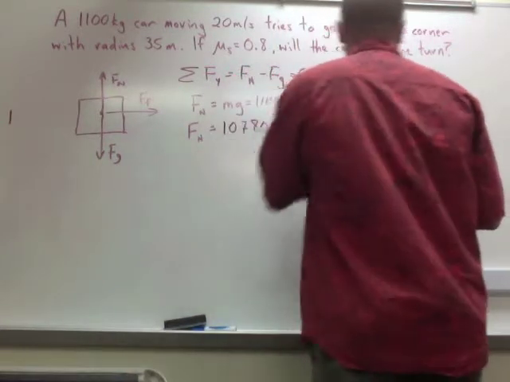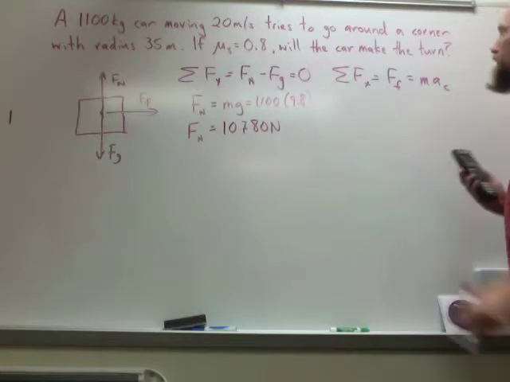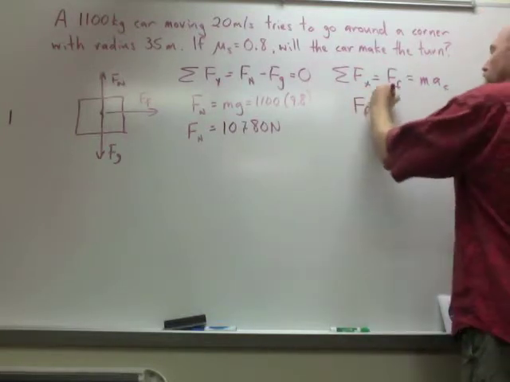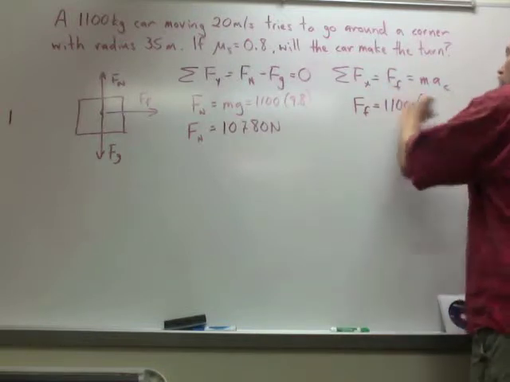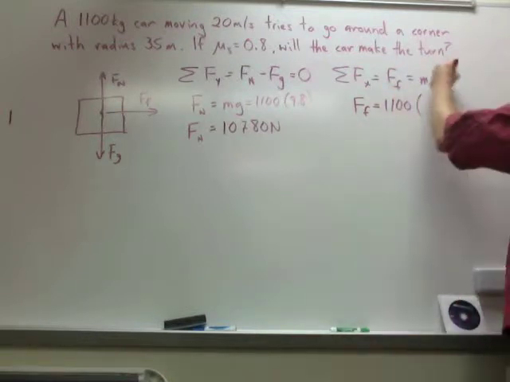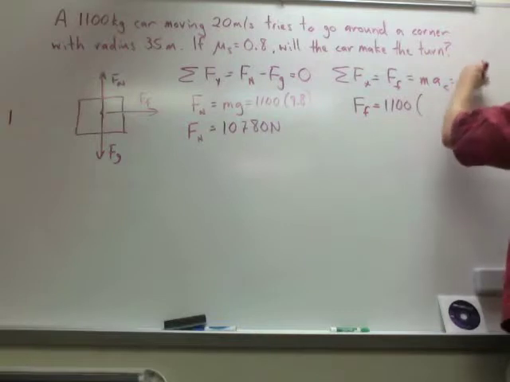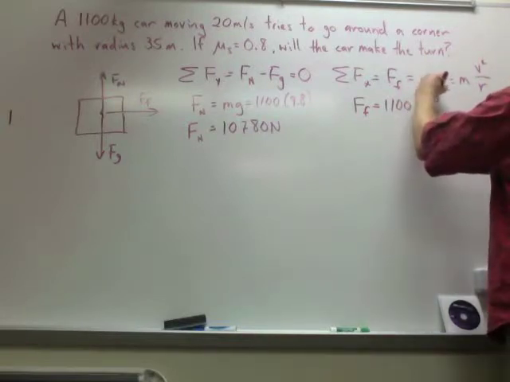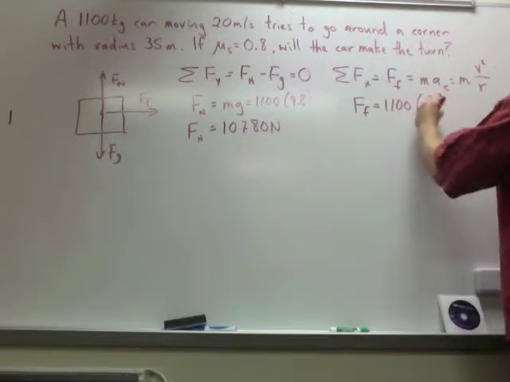And then over here, I'm going to get Ff equals m, which is 1100, times v squared divided by r. So I get 20 squared divided by my radius, which is 35.